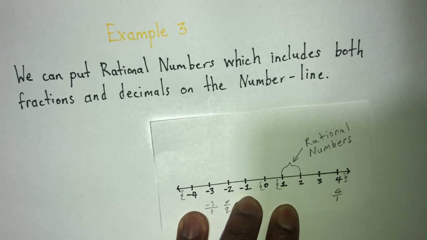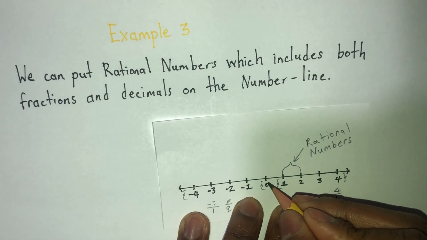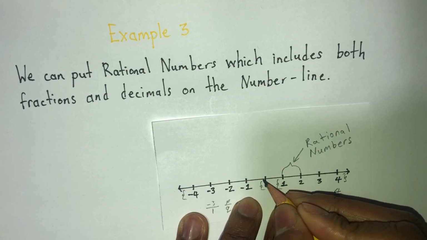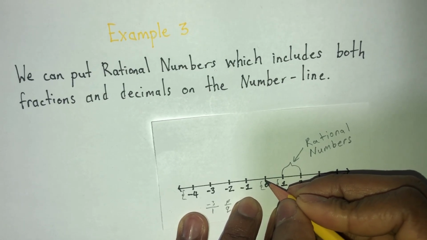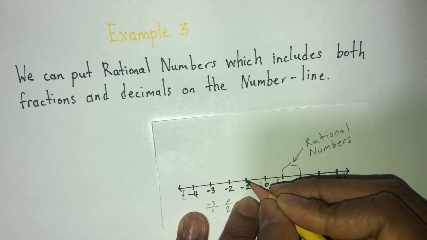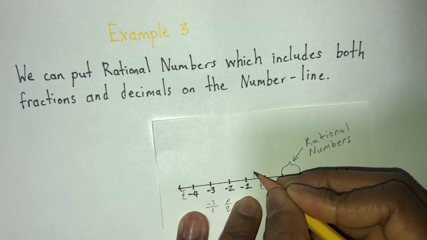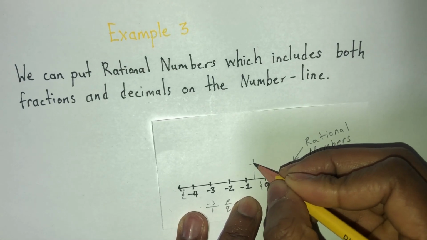To prove this, I'm going to do an estimate. So let's estimate where negative half would fall between 0 and -1. And I estimate that it would fall right here, -1/2.